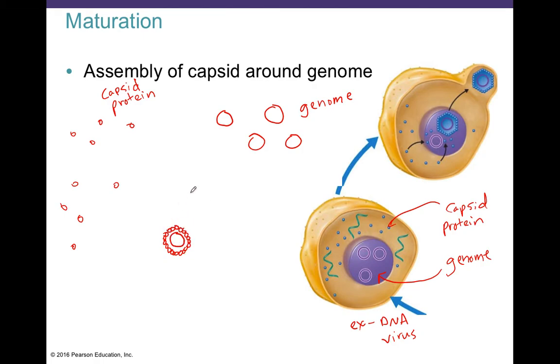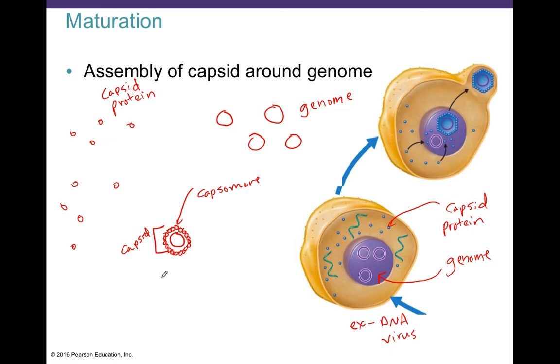Here we have our individual proteins called capsomeres. Those are the individual building blocks, and the whole shell together is the capsid. That refers to the protein portion.